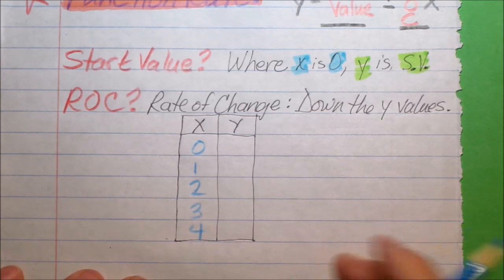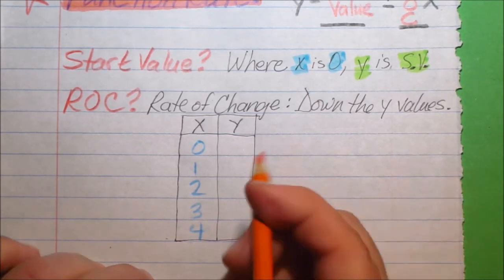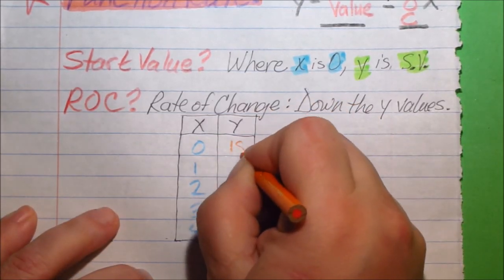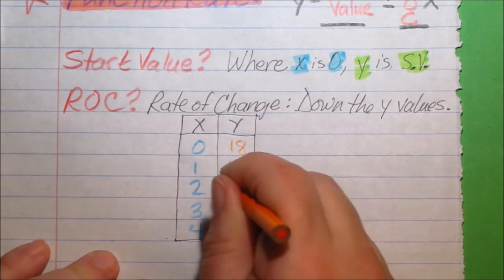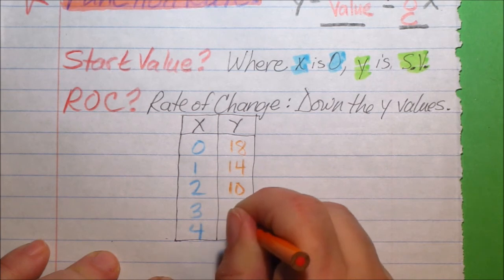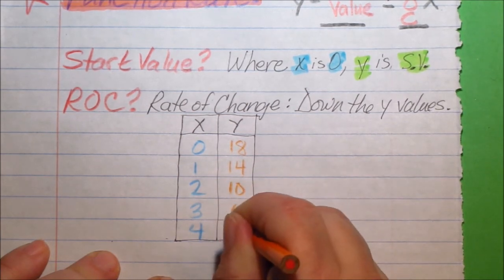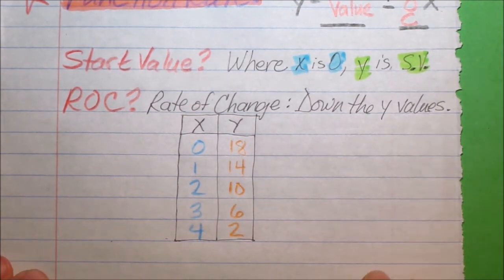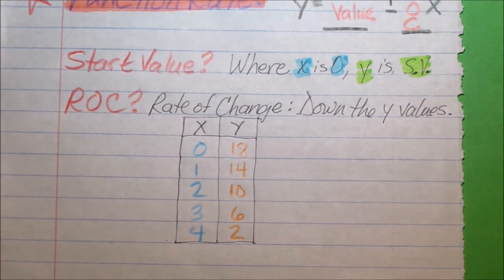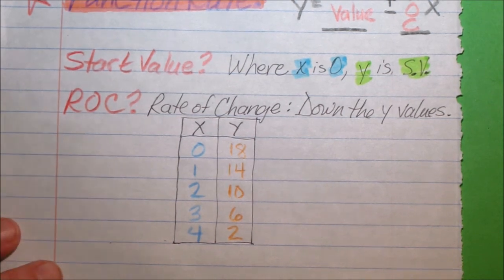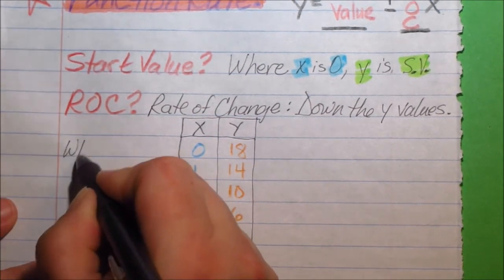Okay, now my x values in this table are 0, 1, 2, 3, and 4. All right, now my y values in this table are 18, 14, 10, 6, and 2. Okay, now how do we find our start value? Remember that when x is 0, y is the start value. So I'm going to write that over here.